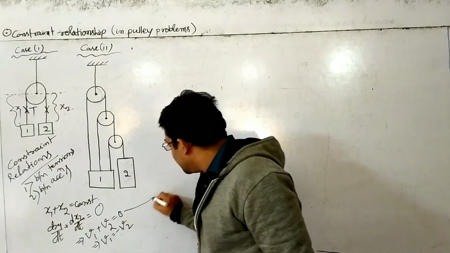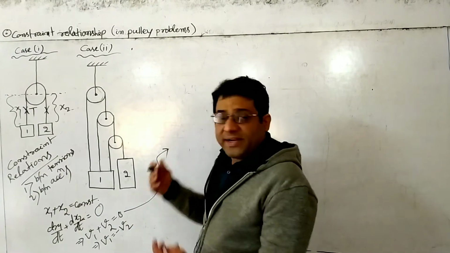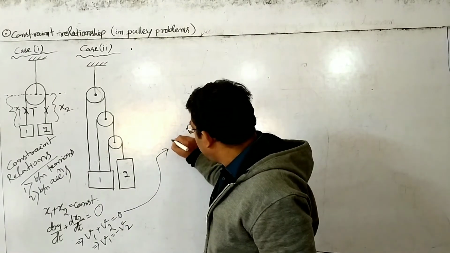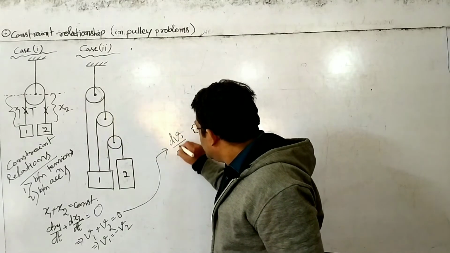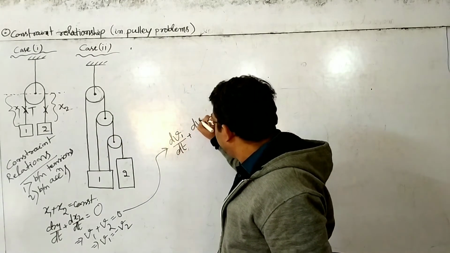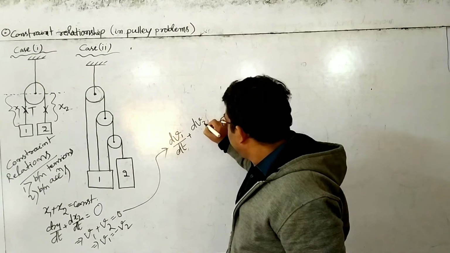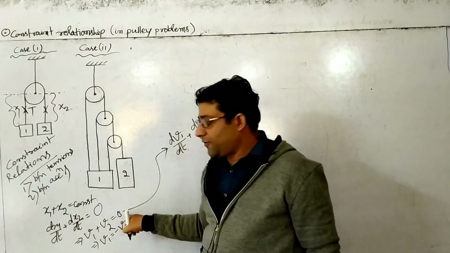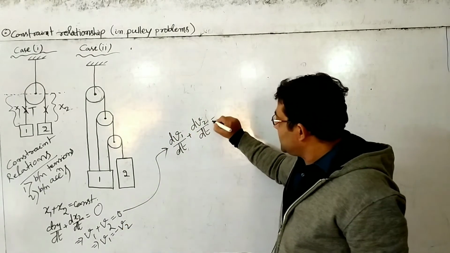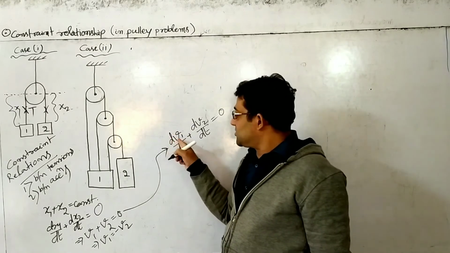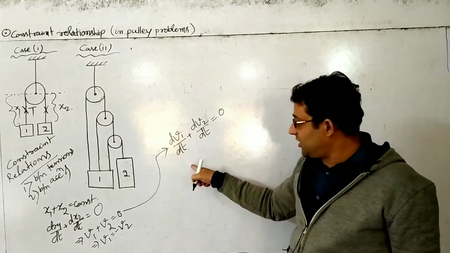If from here we take another derivative with respect to time, dv1 by dt plus dv2 by dt is equal to the derivative of a constant, which is 0 again. And what is the derivative of velocity with respect to time? Isn't it acceleration?